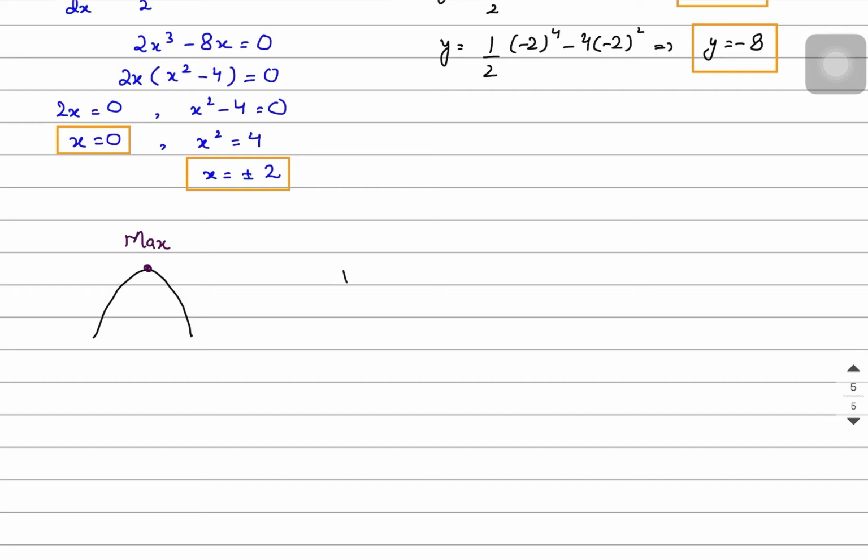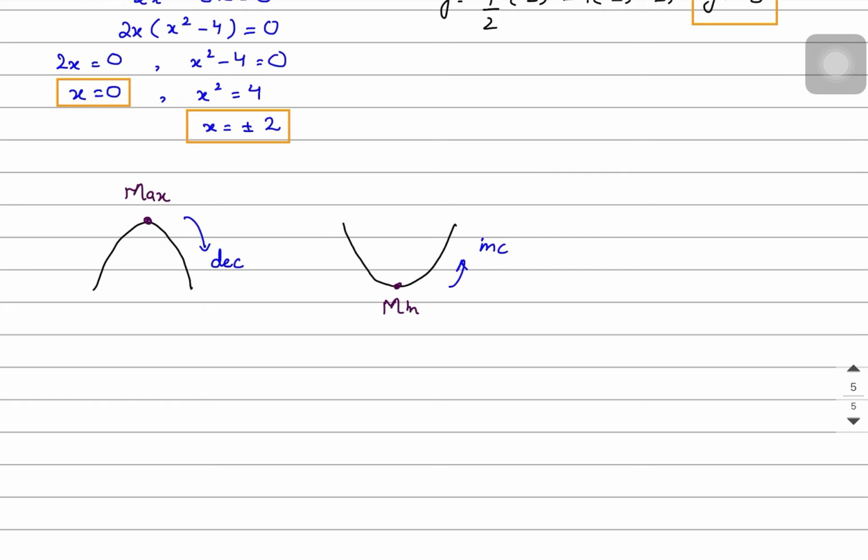And let's say this is my portion of the curve in which I have a minimum point. After minimum, it is going to increase. So how can I tell that it is going to be decreasing, it is going to be increasing?